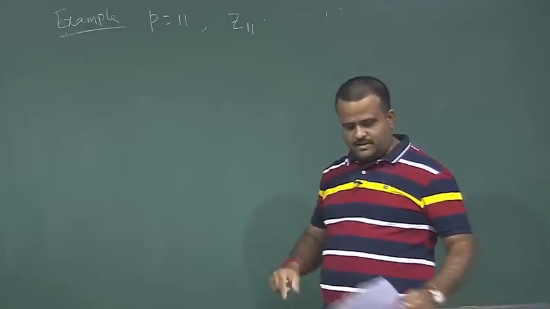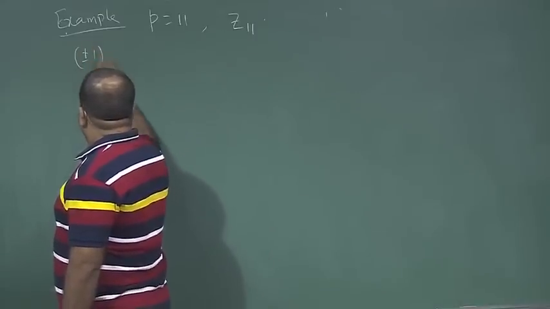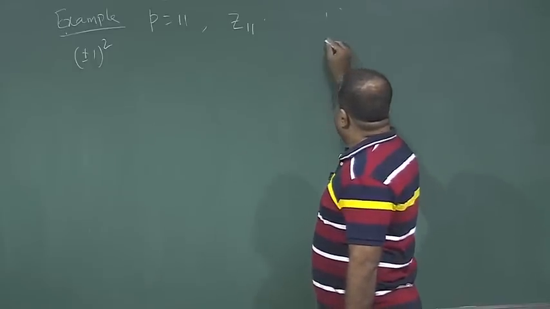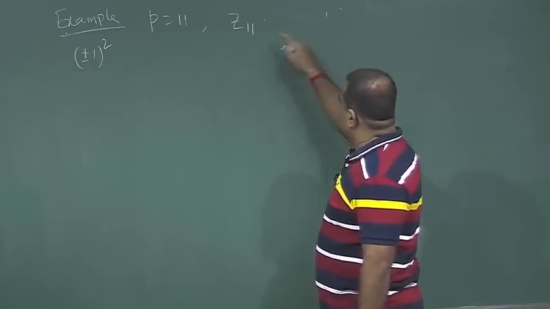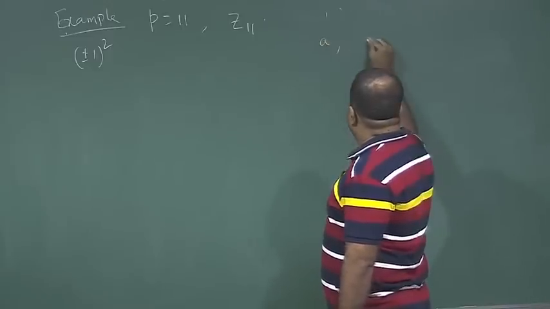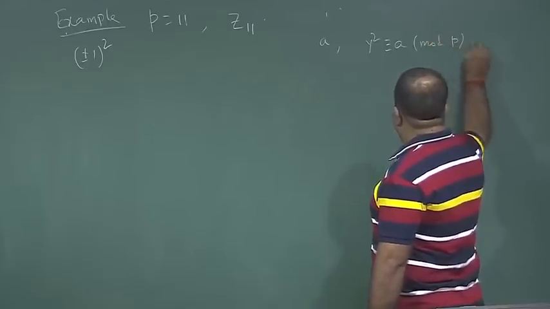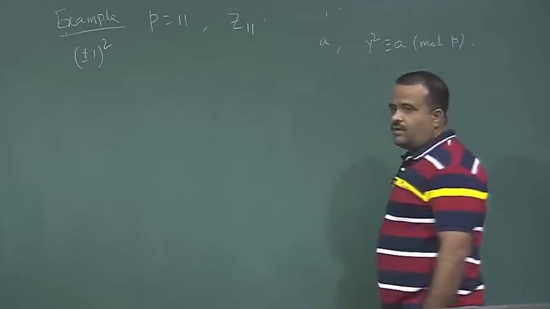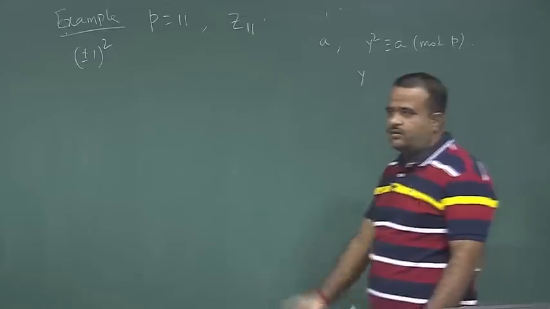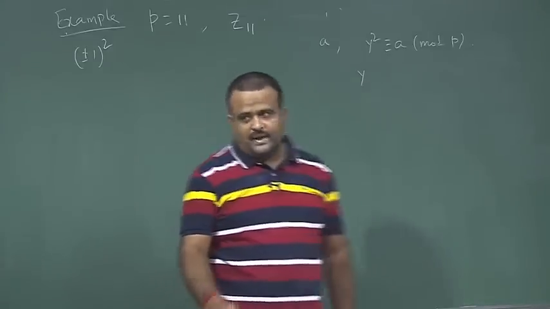We are looking for a such that y square is congruent to a mod p. Then a is a quadratic residue and y is a square root of a.